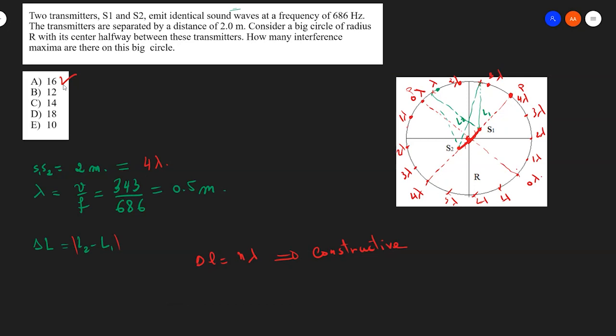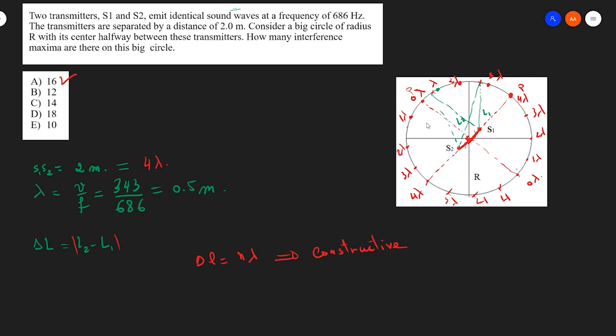So the main idea here is you need to express this delta L for some characteristic points, let's say here and here, because here we can extract it exactly. Here we are sure that it's 0 by symmetry, and here we are sure that it is this distance. So from 0 to 4, I can go through 0, 1, 2, 3, and then I get 4.